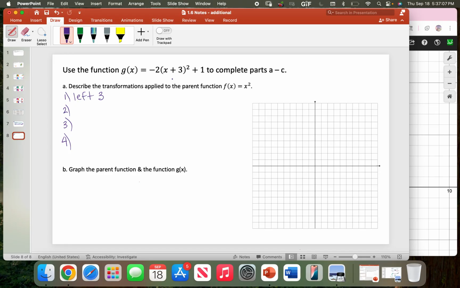The next one that we should be looking at is whether or not there's any kind of stretch or compression. In this case, we have a 2 here on the outside, so this is going to be a vertical stretch by a factor of 2. This is a reflection over the x-axis.